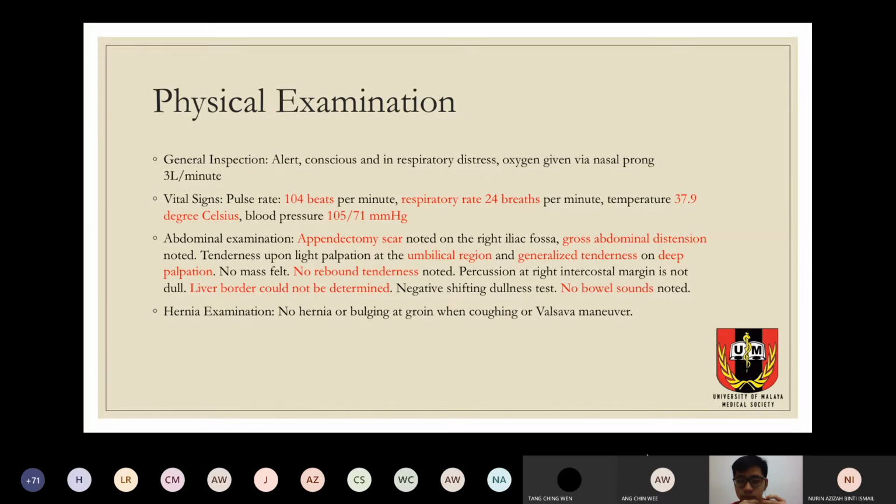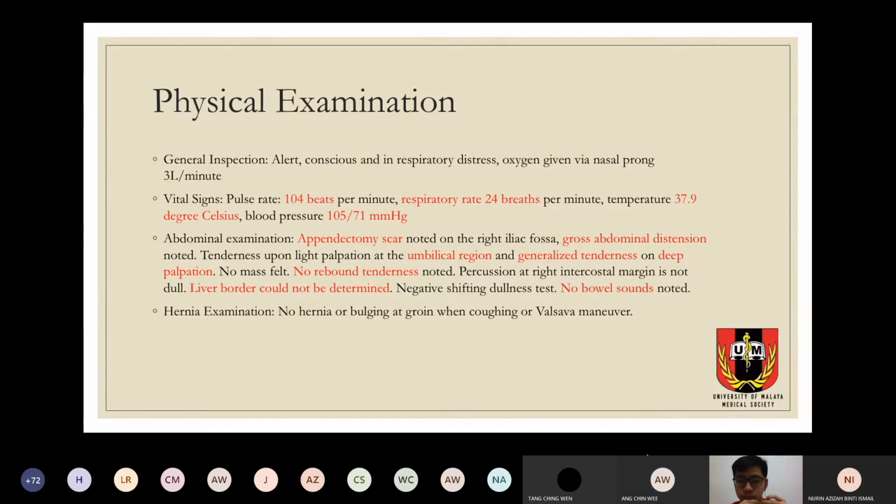No mass can be felt. Rebound tenderness is not noted. Percussion at the right intercostal margin to determine the liver borders shows no difference, so the liver border could not be determined. Shifting dullness is negative and no bowel sounds can be heard.